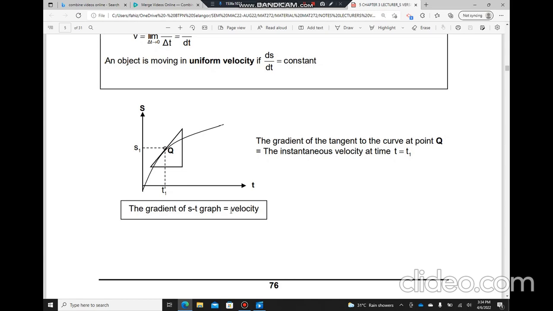So maknanya kalau awak nak dapatkan velocity untuk graf yang curve ni, kita akan dapat daripada gradient of ST graph. So kena ingatlah yang ni penting juga, the gradient of ST graph, kita akan dapat the velocity. Okay, so this one okay.